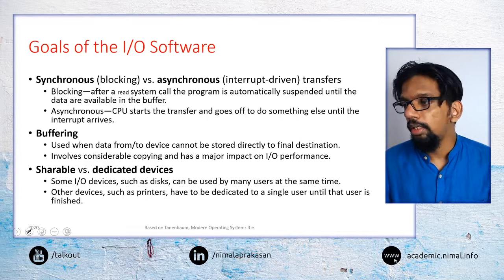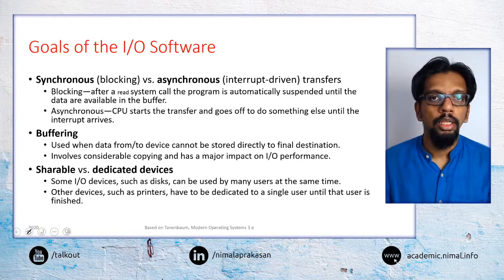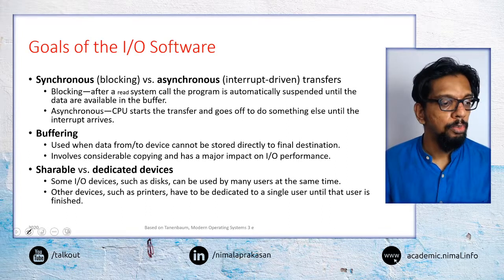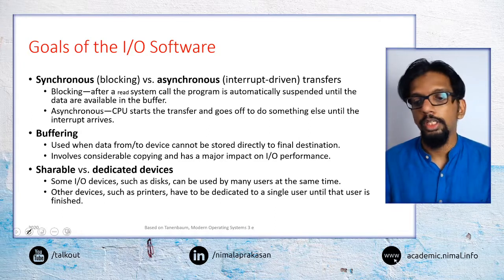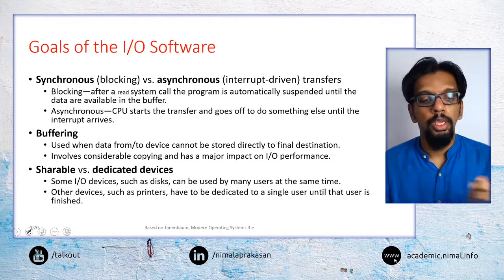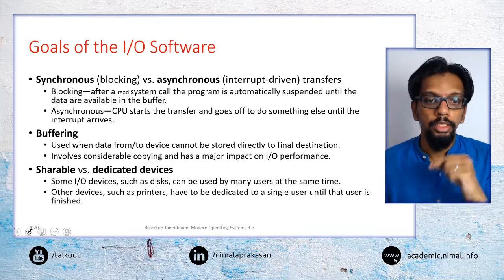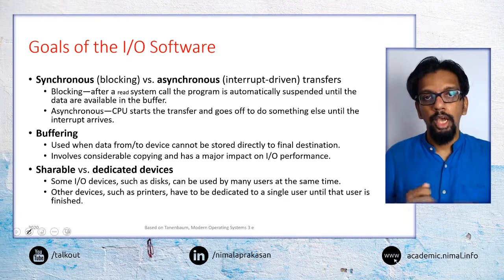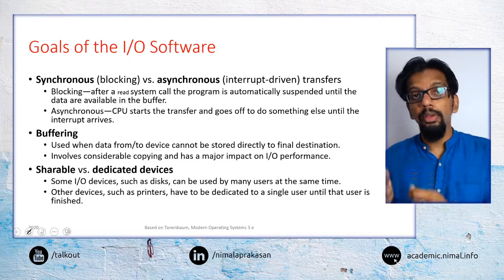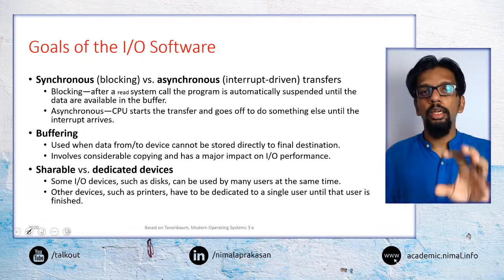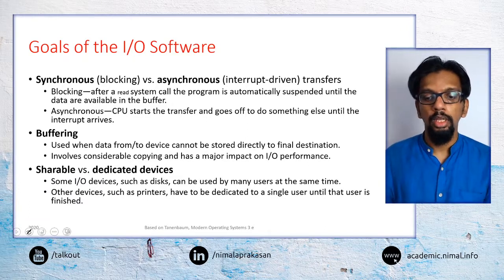And then one of the other things that we may expect is, when we have a number of processes that may need to use the same device, we may expect the operating system to make those devices shareable, but certain devices we may want to be dedicatedly used by a particular process.